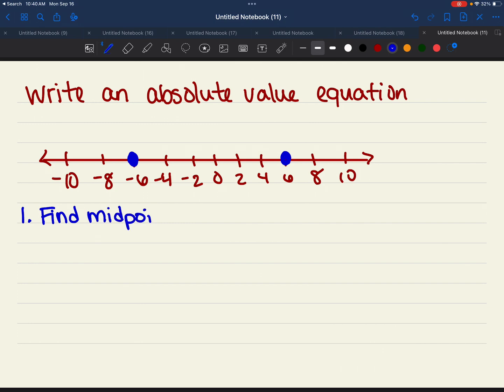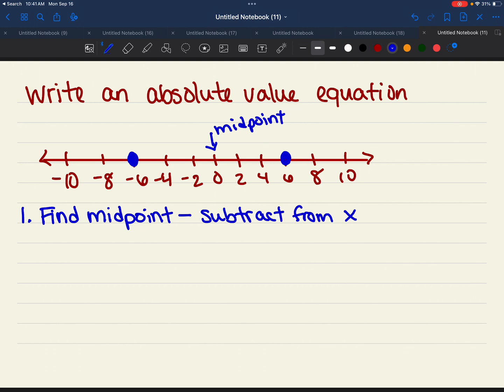All right, so step 1, find the midpoint. What would be our midpoint here? 0. How do you know that? Yeah, if we count 1, 2, 3, which we're counting by twos here, 0 is in the middle. Do we agree? Okay, so our midpoint is at 0.